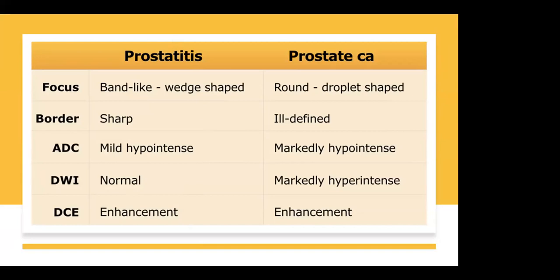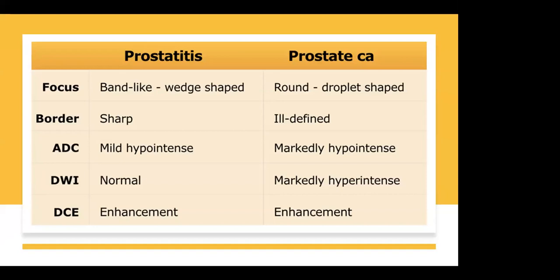So these are the differences between prostatitis changes and prostate cancer. Usually prostatitis lesions are well defined, either band-like or wedge-shaped and well circumscribed, versus a round or droplet-shaped appearance for prostate cancer. They have sharp borders in prostatitis versus ill-defined borders in prostate cancer.